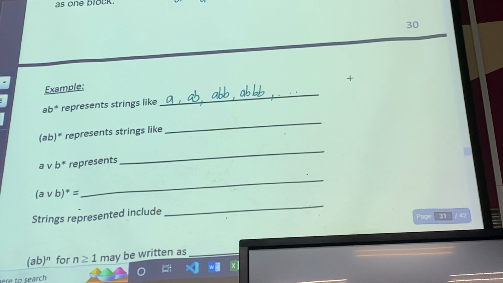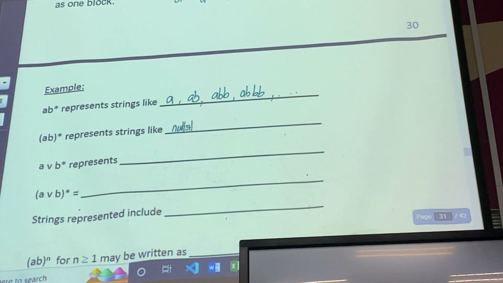Nothing means, in a string, if nothing, what do you call? Have you heard of null string? Yes, right? Null string, nothing in the string.